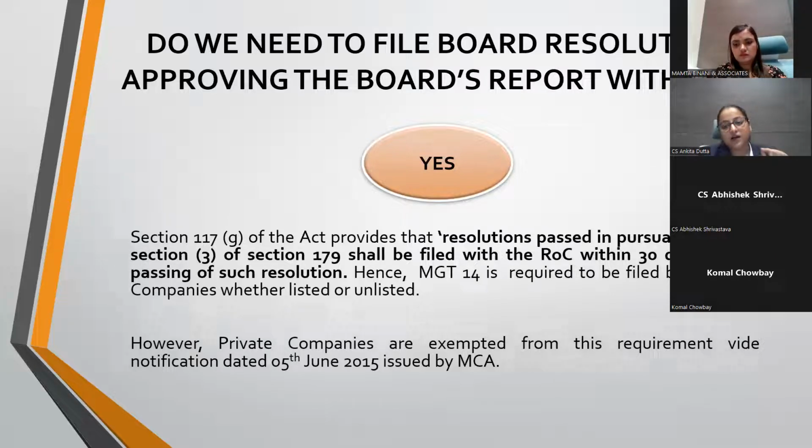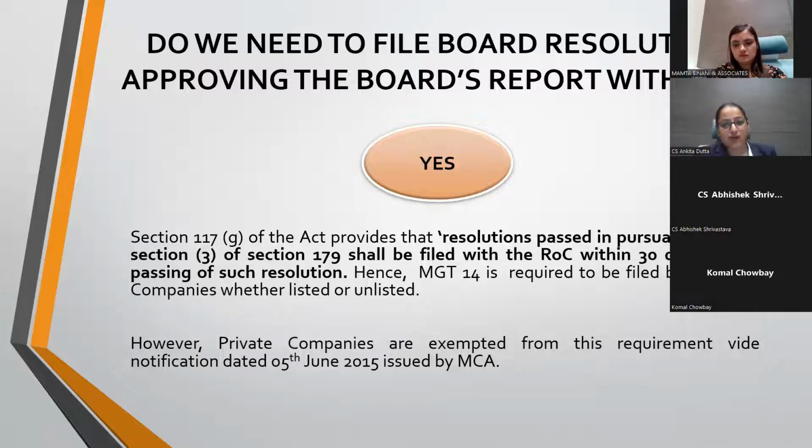The companies had not filed MGT 14, and due to this they got rejection letters. No opportunity of being heard was provided to them.